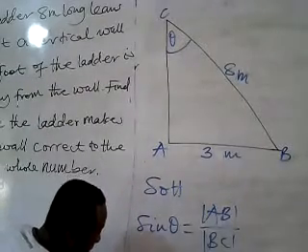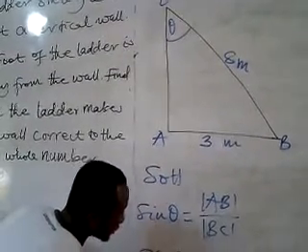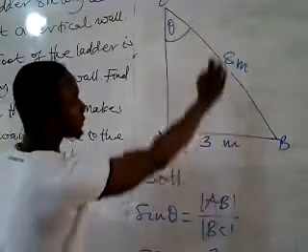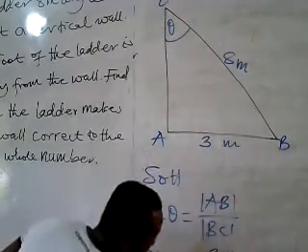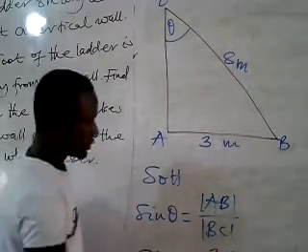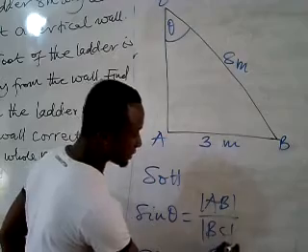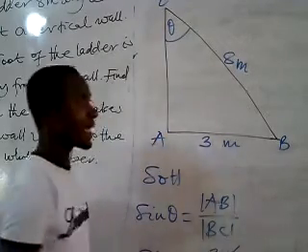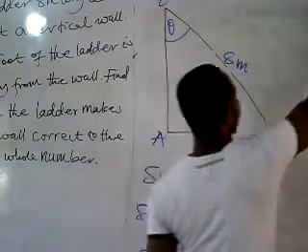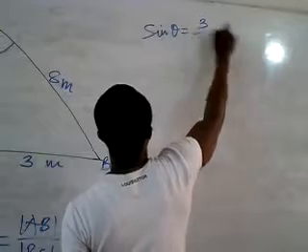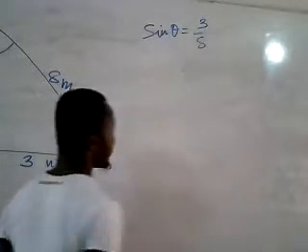So where we have the AB from our diagram is 3 meters. So sine theta equal to 3 meters over BC is also 8 meters. Now we can use the meter attached to the 3 to cancel the meter attached to the 8. That will give us sine theta equal to 3 over 8.